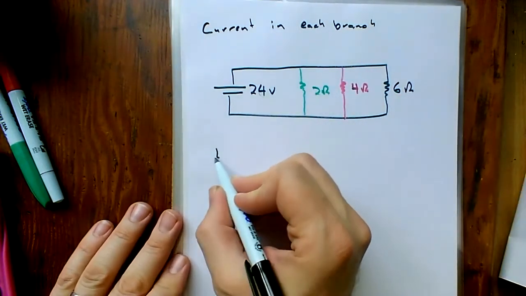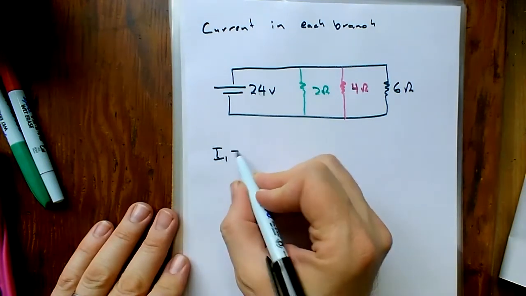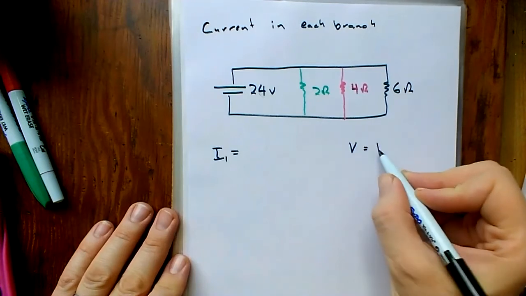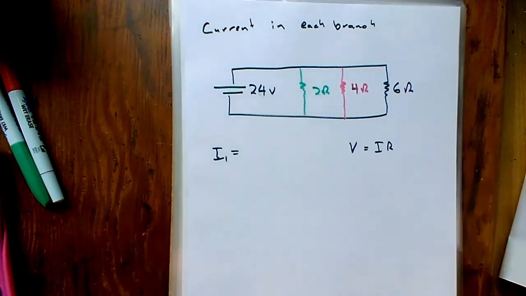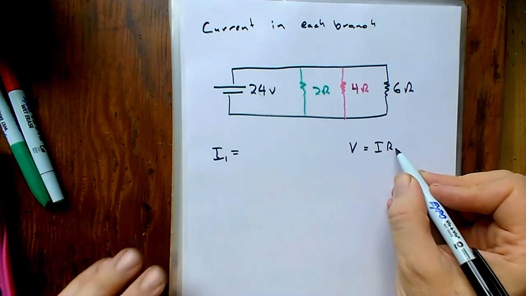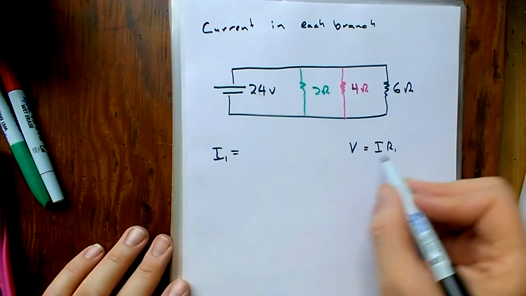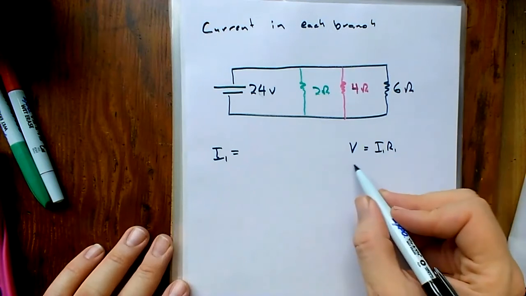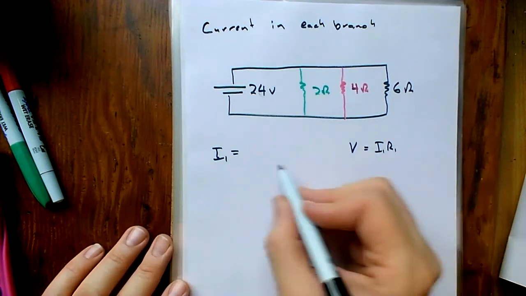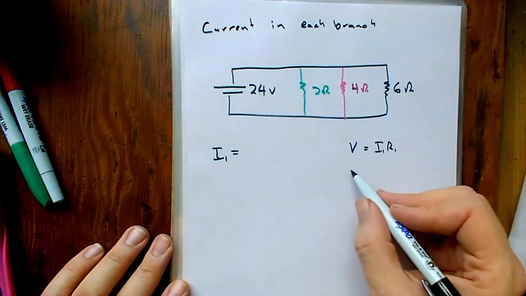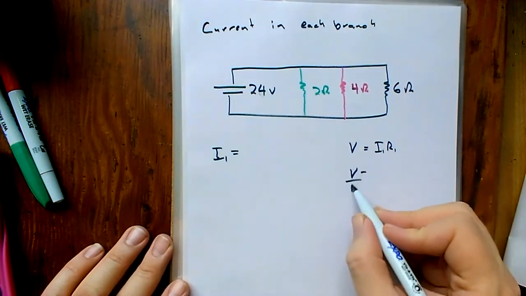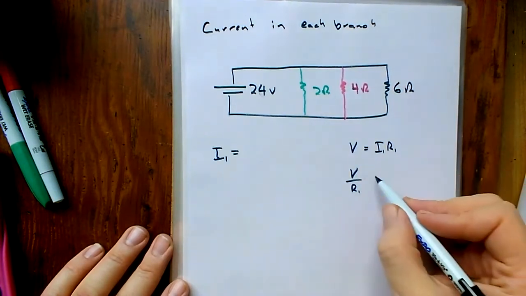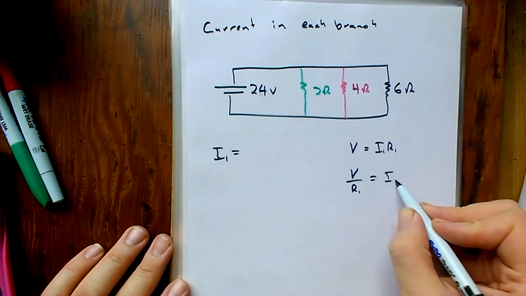So my current 1 would be, well, V is equal to IR. In this case, I'm just figuring out what this current is. So this voltage over that resistance is equal to that current.